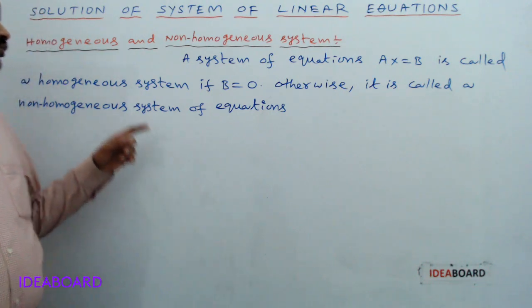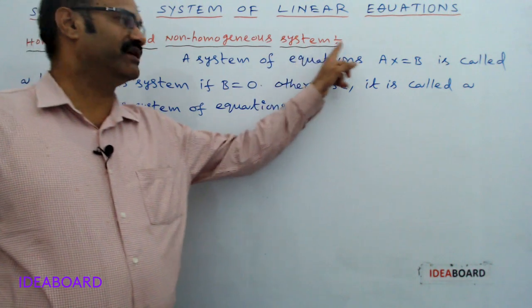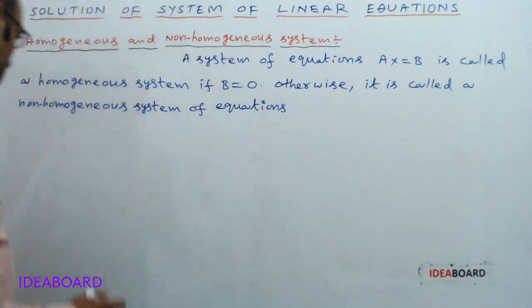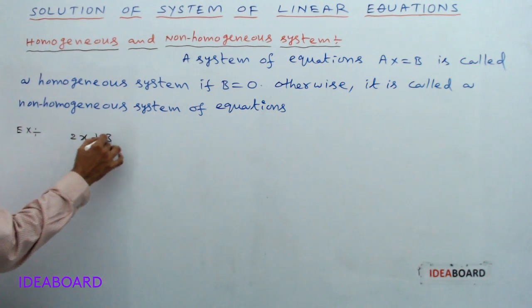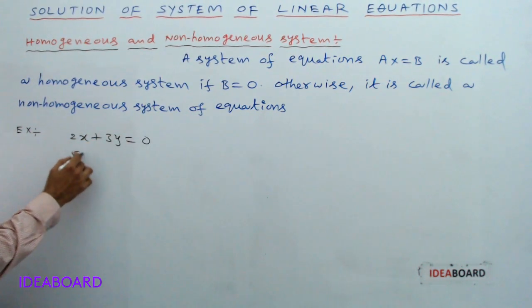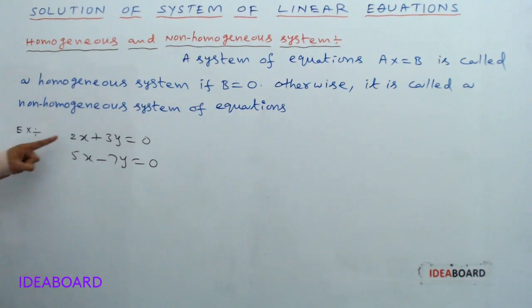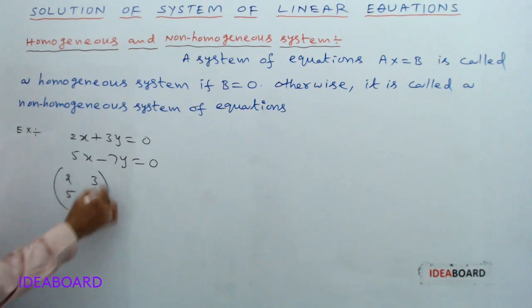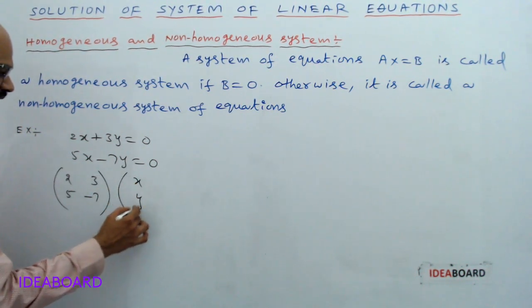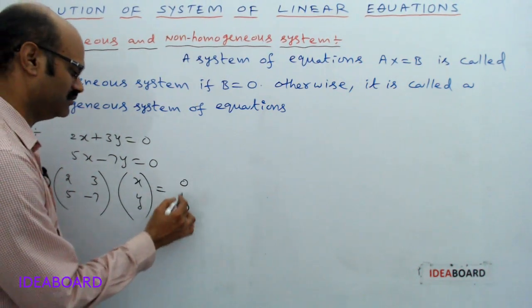Now we have to discuss what is a homogeneous and non-homogeneous system of equations. If you take 2x plus 3y equal to 0, 5x minus 7y equal to 0, this can be written in matrix form as 2, 3, 5, minus 7, times x, y, equal to 0, 0.